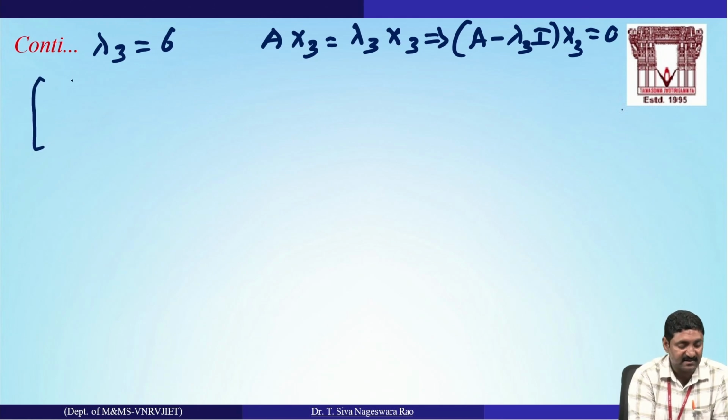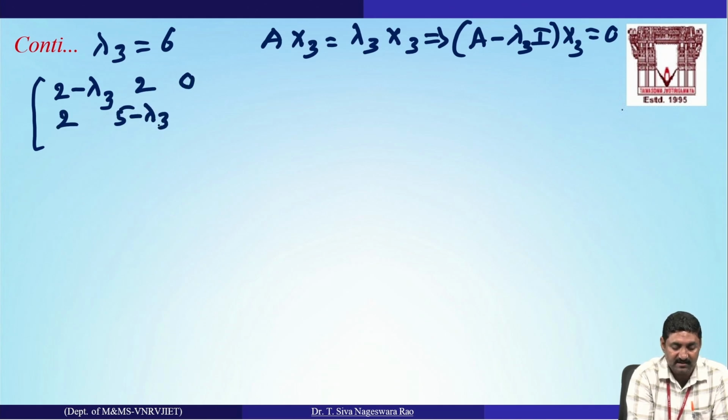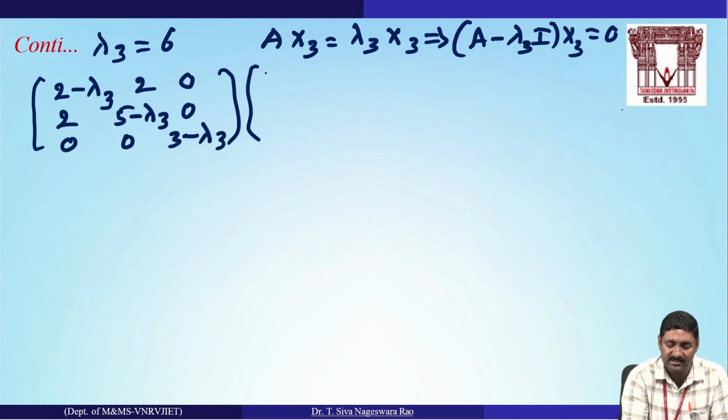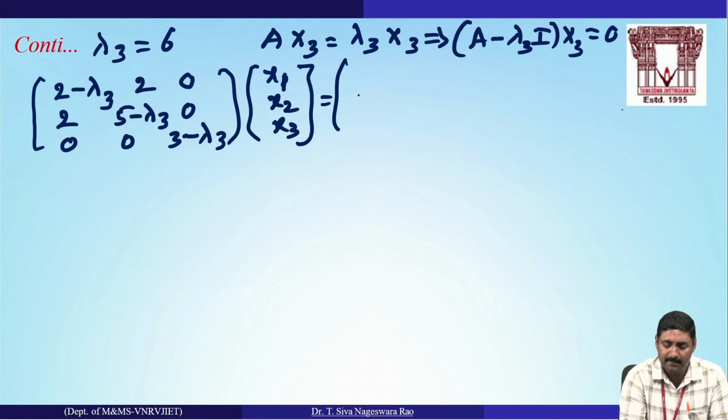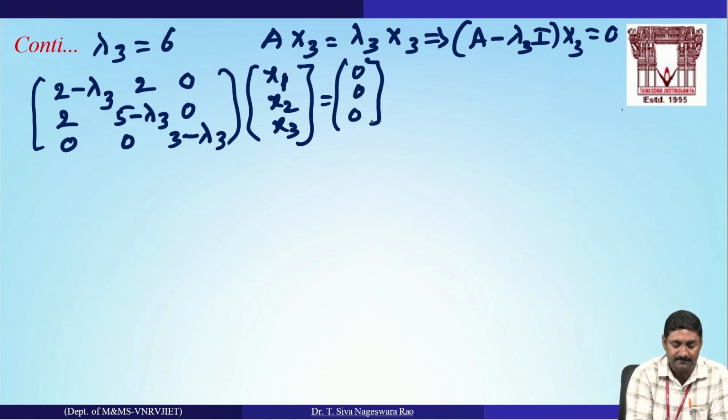Here, I will write the characteristic matrix: 2 minus lambda 3, 2, 0, 2, 5 minus lambda 3, 0, 0, 0, 3 minus lambda 3, multiplied by the column vector x1, x2, x3, and on the right hand side the column vector 0, 0, 0.